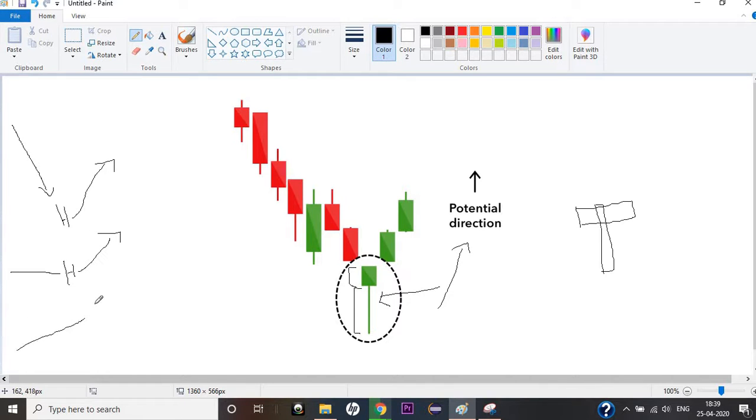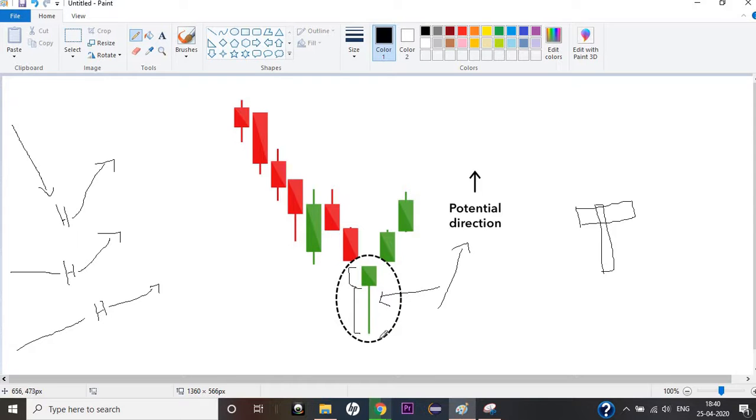If there's an uptrend, you encounter a hammer, the uptrend is going to continue, right? So I always say, guys, don't mug up or memorize the candlestick patterns. Just try to understand how to read them, and no matter what candlestick pattern comes to you, you will be able to predict the next move.